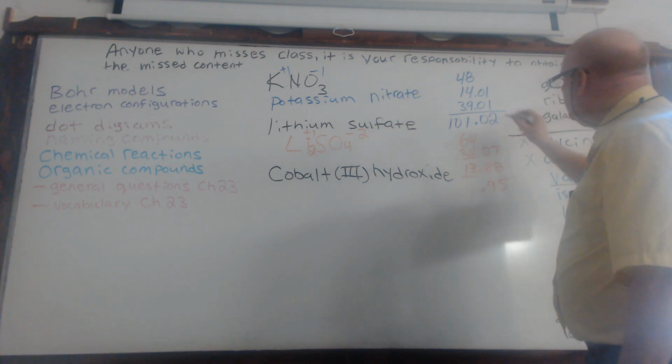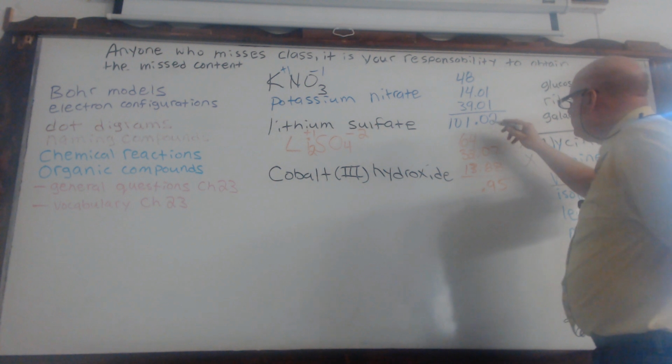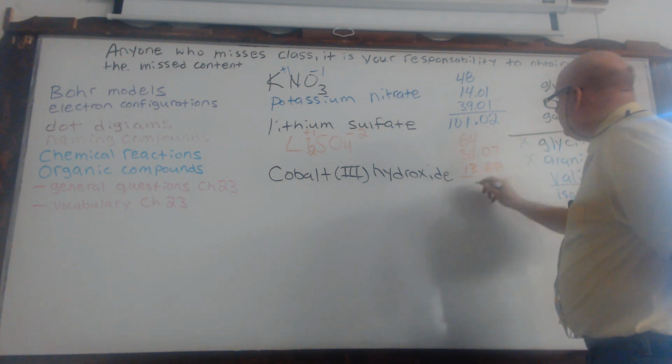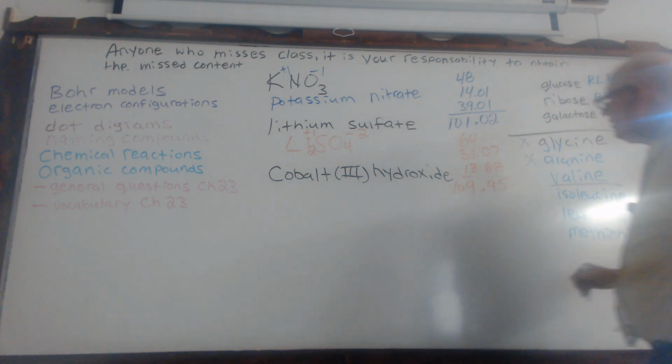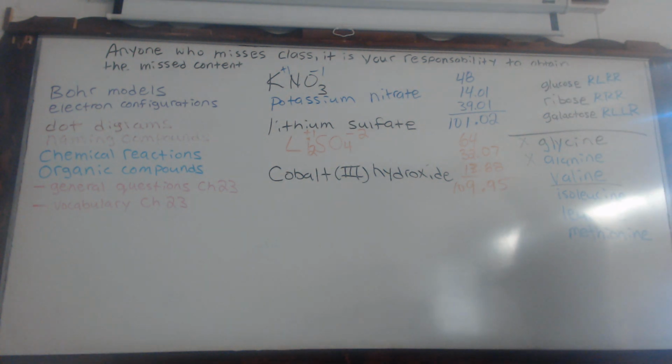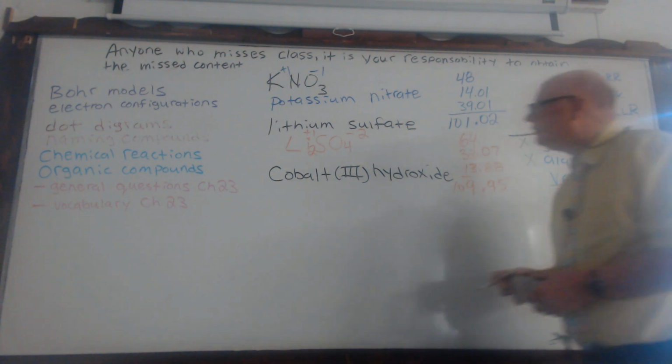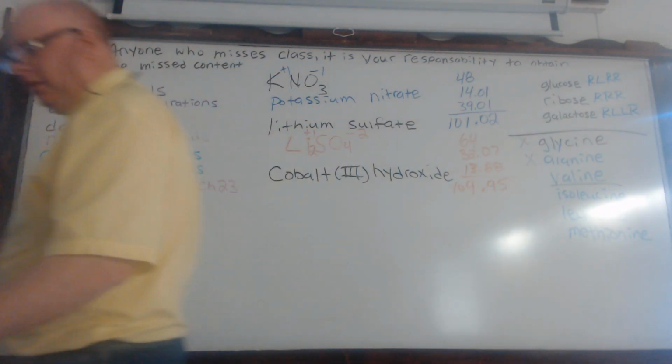And then let's see here. Looks like 109.95. We'll double check that. 64 plus 32.07: 109.95. Yep, that is correct. Okay.